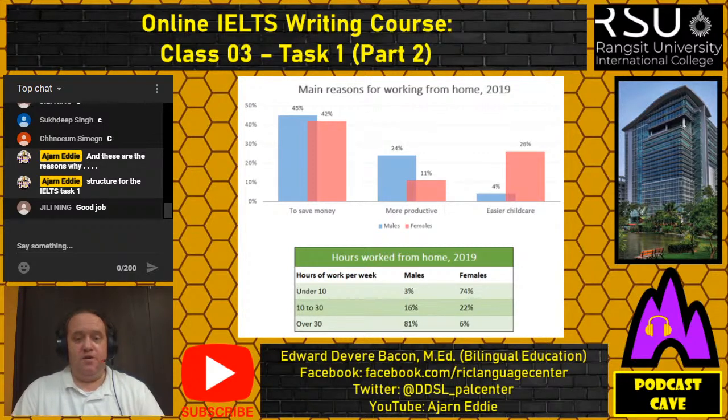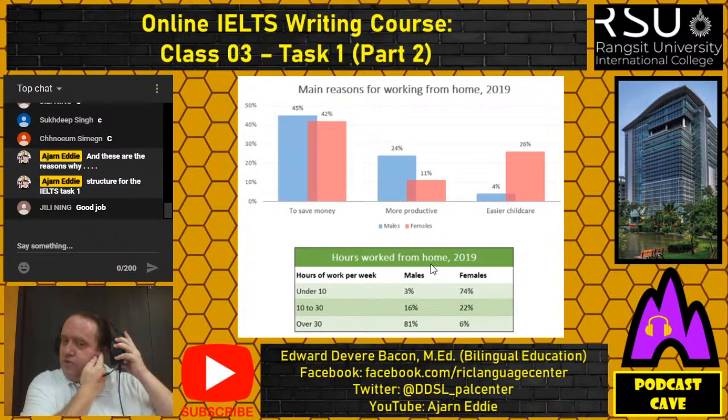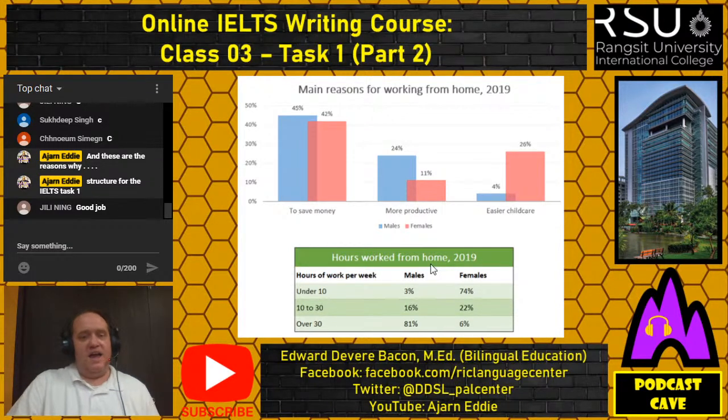Then the bottom part here, it says hours work from home. Okay, so this is generally, and I haven't looked at the next page yet, but generally what it's saying is there are 3 reasons why people work from home, and the second part is how many hours they spend working at home, breaking up between males and females.